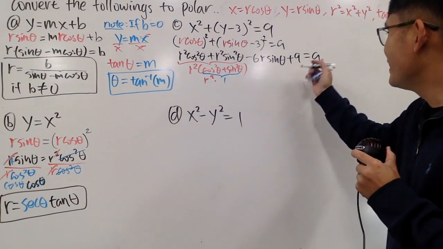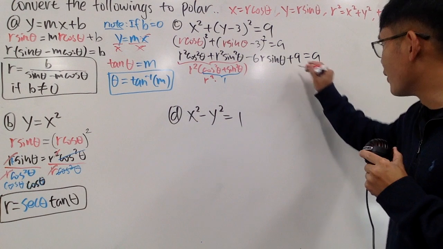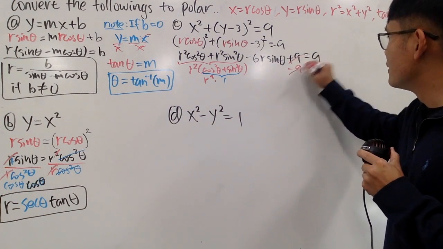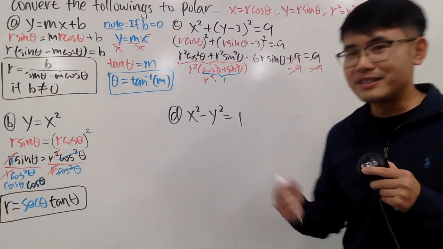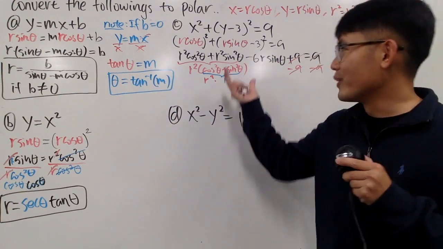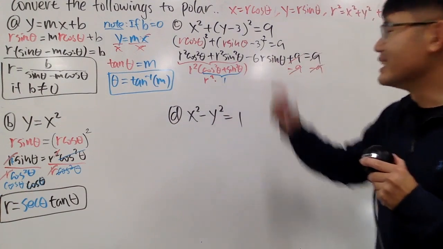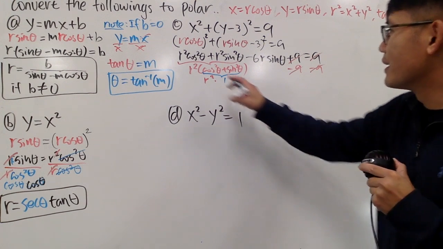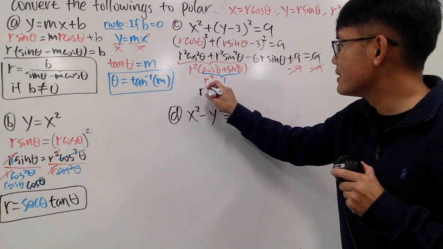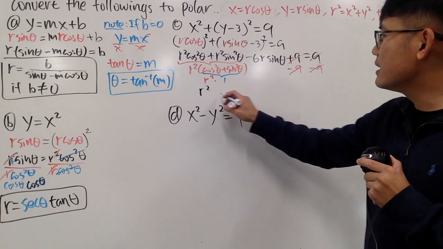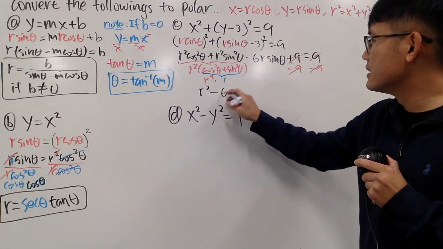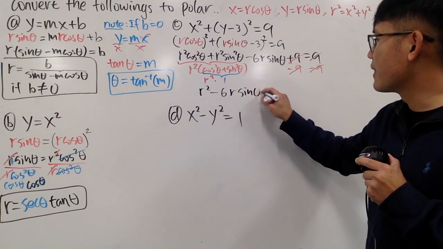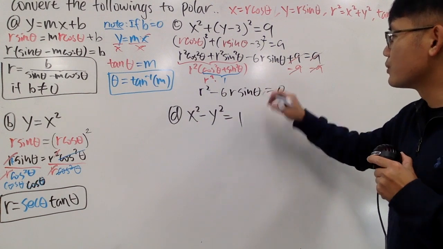And of course, right here, we can just subtract the 9 on both sides, so this and that will be gone. The circle has to touch the origin in order for the polar form to be nice. So that's a nice situation right here. And let's see, what do we have? Here we have the r squared, minus 6 r sine theta, and that's equal to 0.